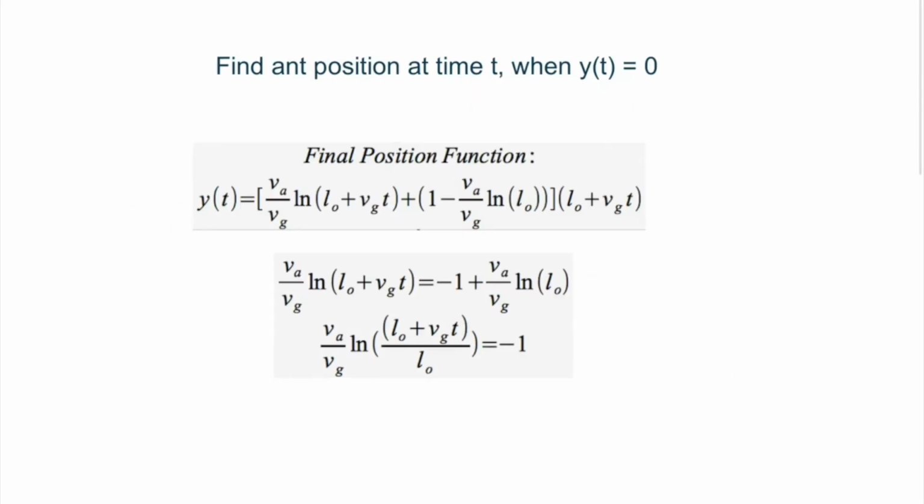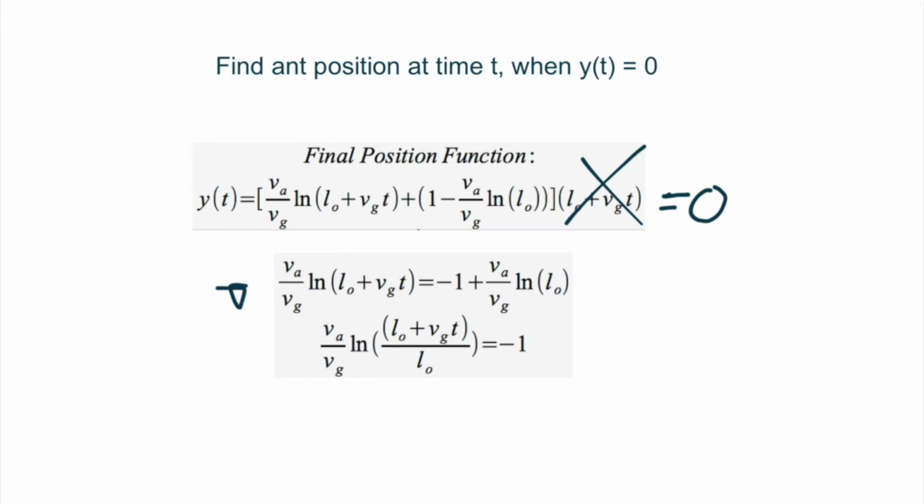So what we're going to do is say this equals 0, because y of t equals 0 at the end point, and then you just solve for t. This term will divide out, that goes away, and you're left with this down here.